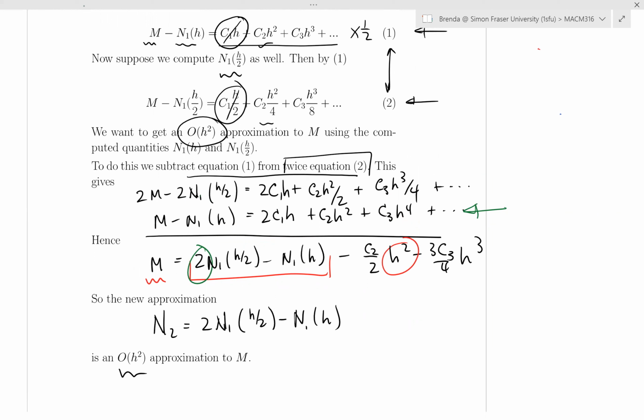I multiplied this equation by 2. I got 2, 2, 2, 2. Right? That's this 2. C1. Oh, yes, this is h over 2. Thank you. And then the bottom one, I subtracted 1.